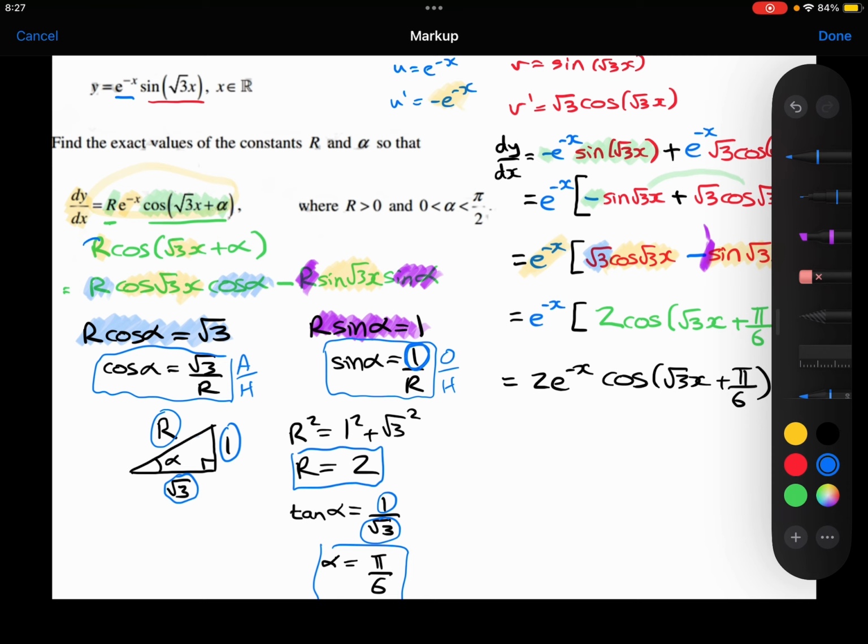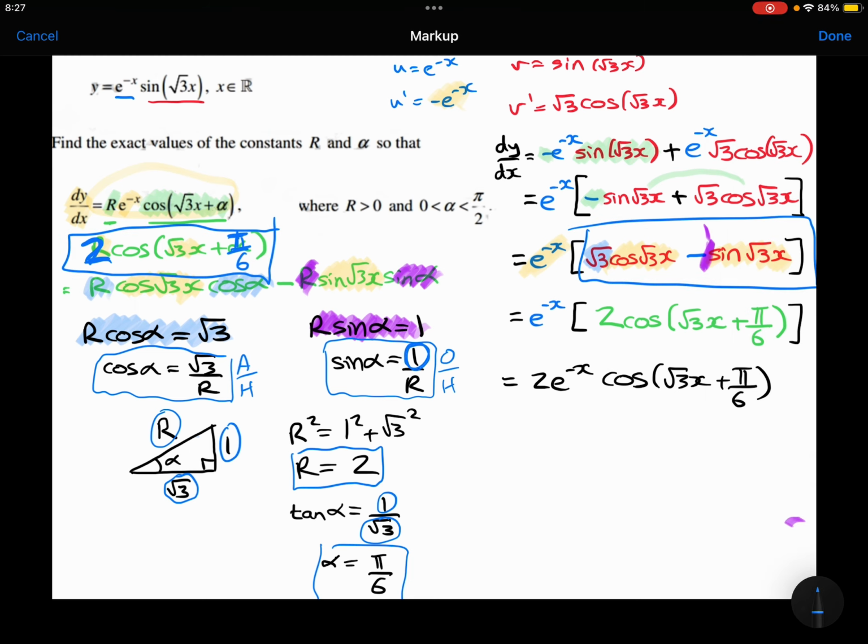So if r is 2, and if alpha is pi over 6, then we know that this thing here is identical to this thing here, which means I can replace it like that. And then I've just multiplied that by the e to the minus x. So just expanded those brackets to make it so it looks exactly like the question asked for.